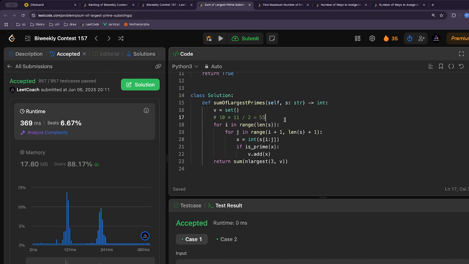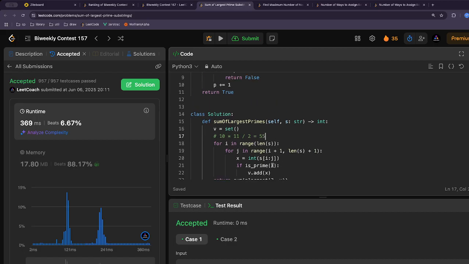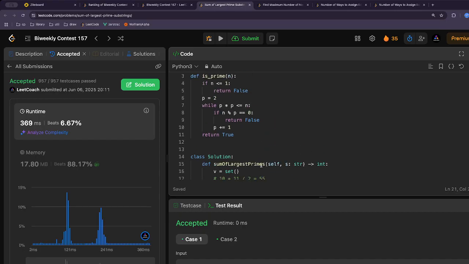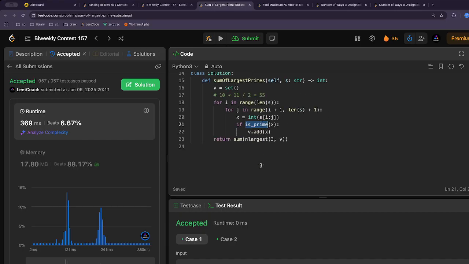And I'm saying that for is_prime I'm only considering the largest one, the one that has 10 digits, all 9s. But only one substring is that long. The others will be shorter, so that's not a tight bound, right?